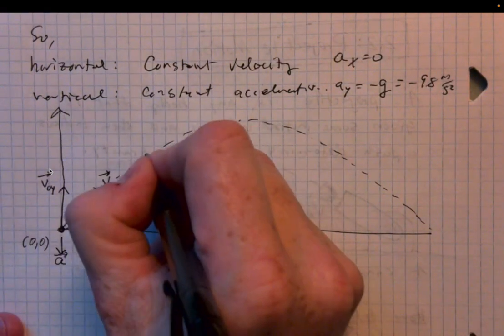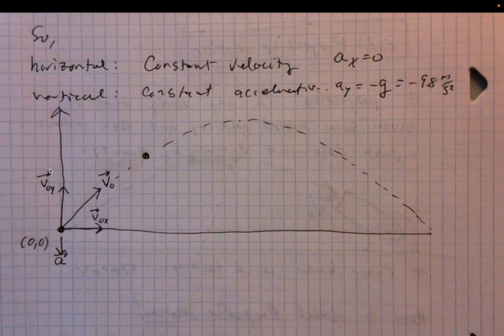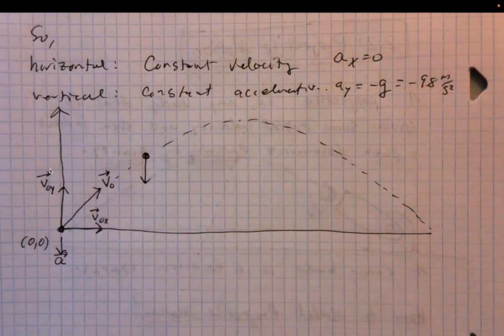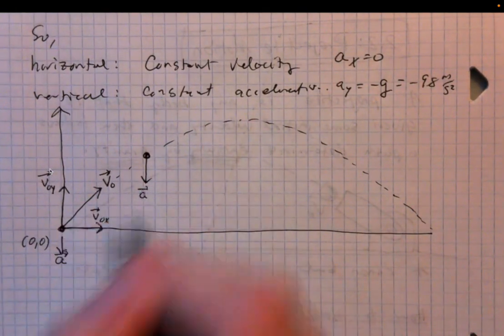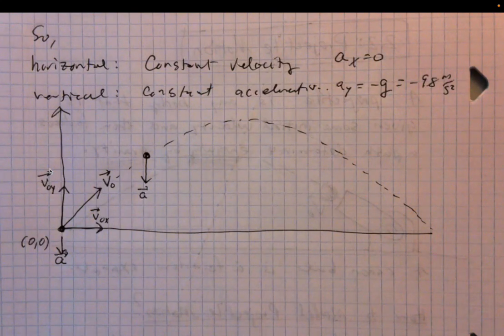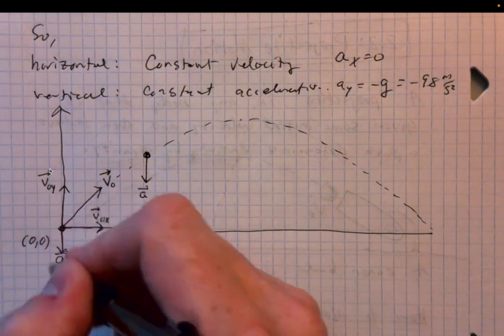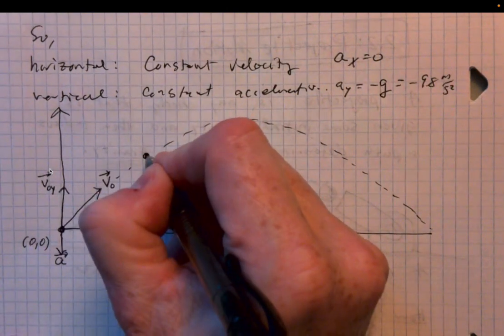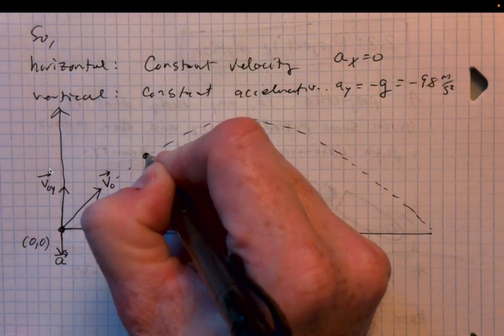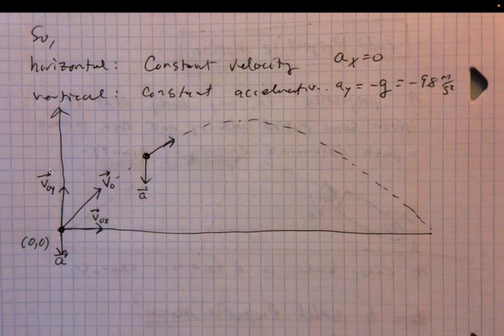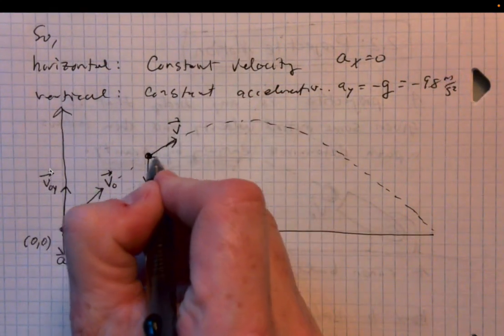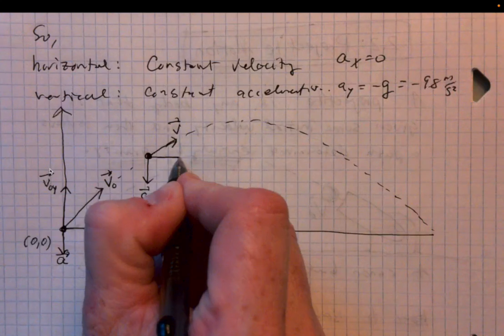Now, what's going on at this point in its flight? Well, we still have the same amount of acceleration downward, right? Gravity's pulling on this thing to the same degree that it was initially. The velocity has changed directions, right? So maybe it looks more like that now. The x component of velocity is the same as before, right?